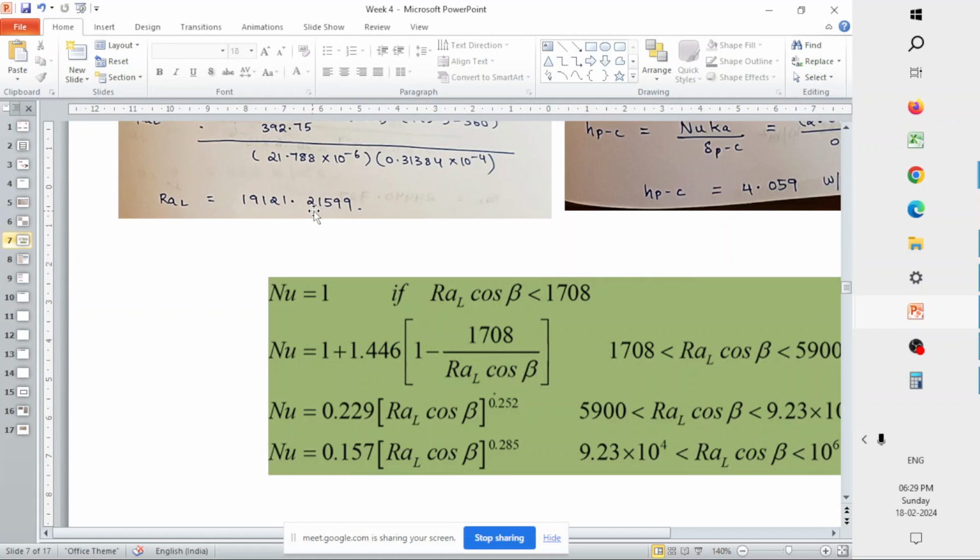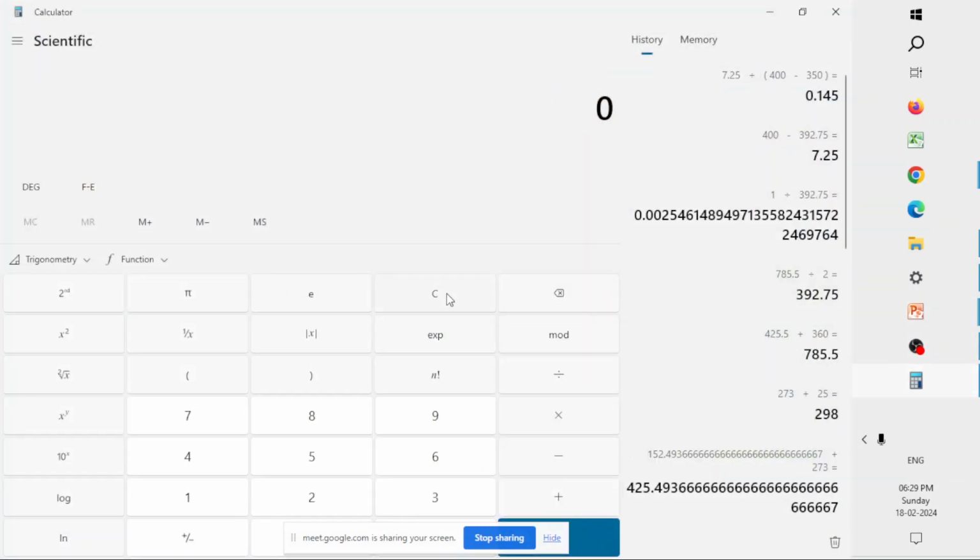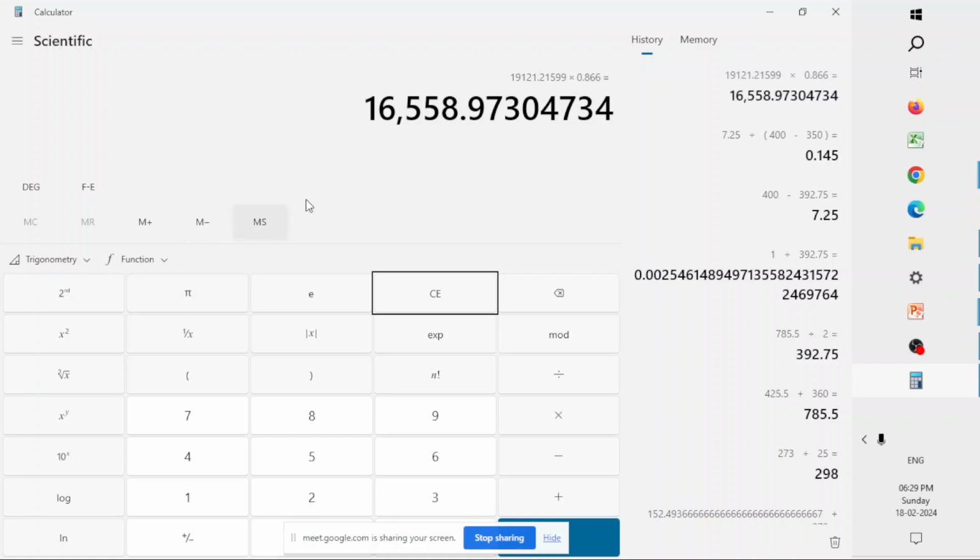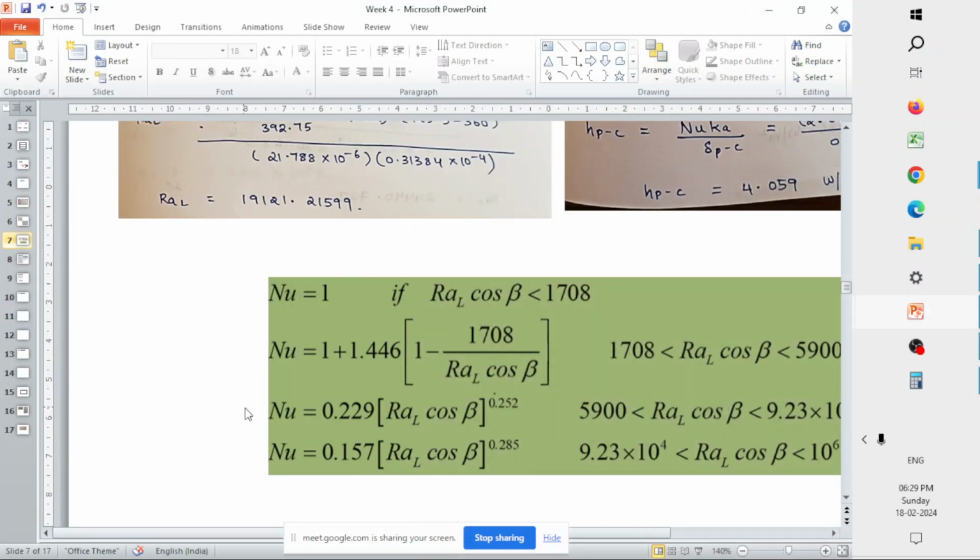Cos beta is cos 30, which is root 3 by 2, that is 0.866. So 19121.21599 times cos 30 is 16,558.97. So that will be approximately in the third range if you see.